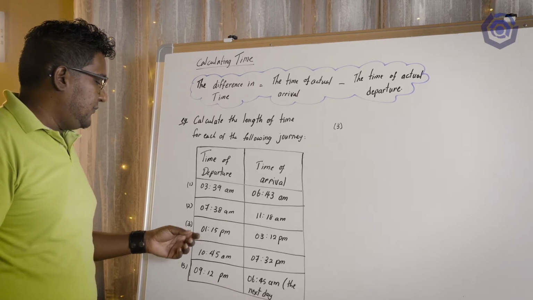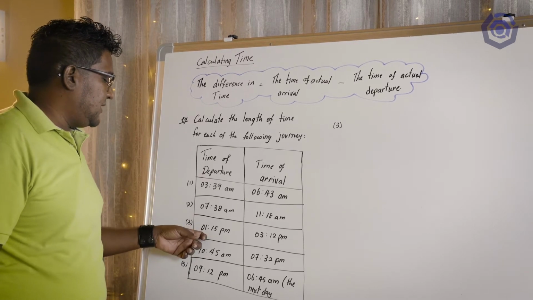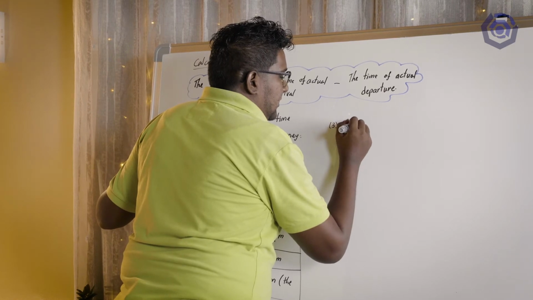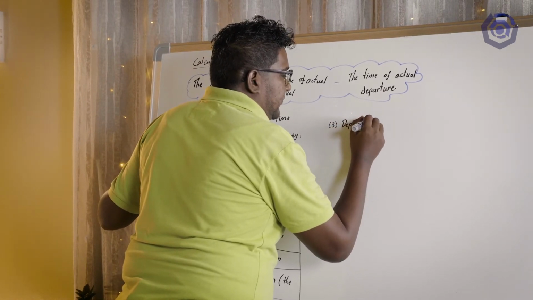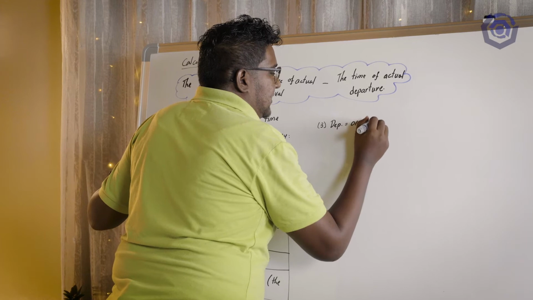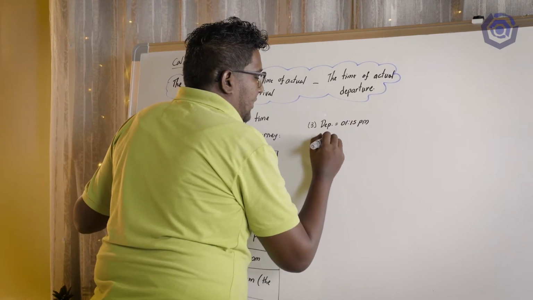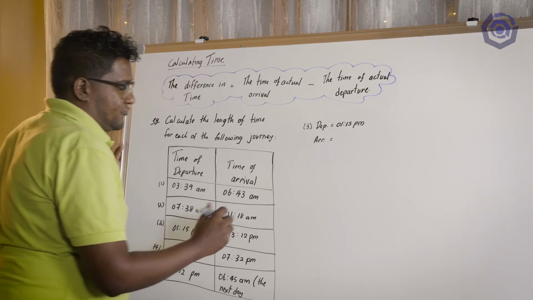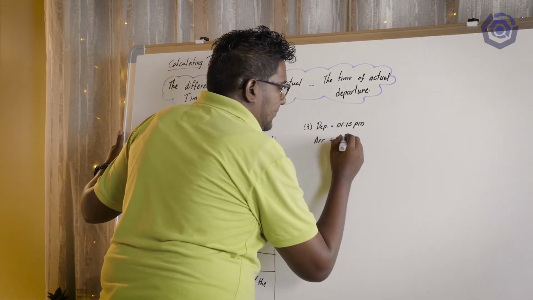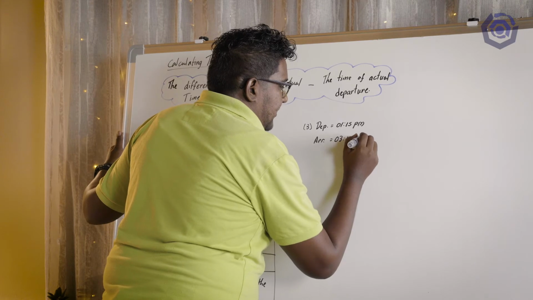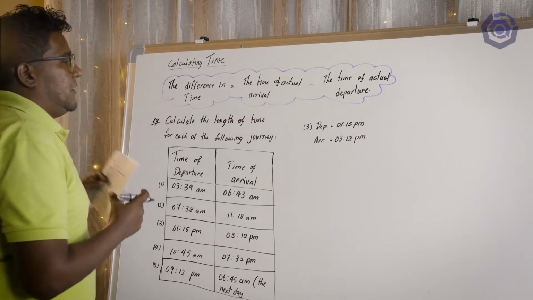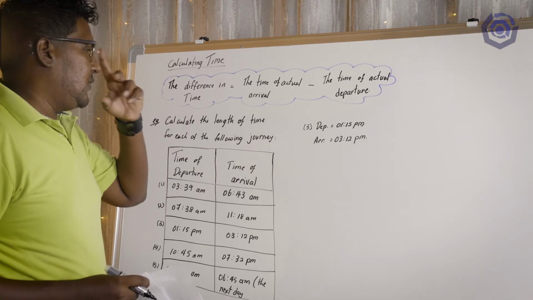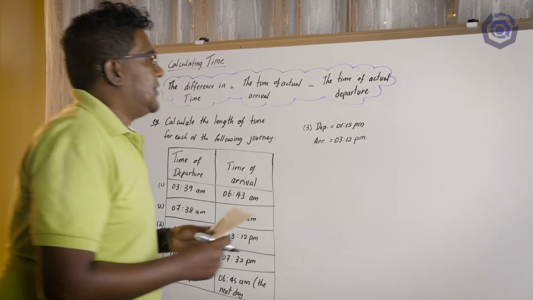Our third example, so you have the departure time is 1:15 p.m. So departure is equals to 1:15 p.m. and the arrival time is 03:12 p.m. Now, since these are in the afternoon, then we're going to write them as 24 hours.